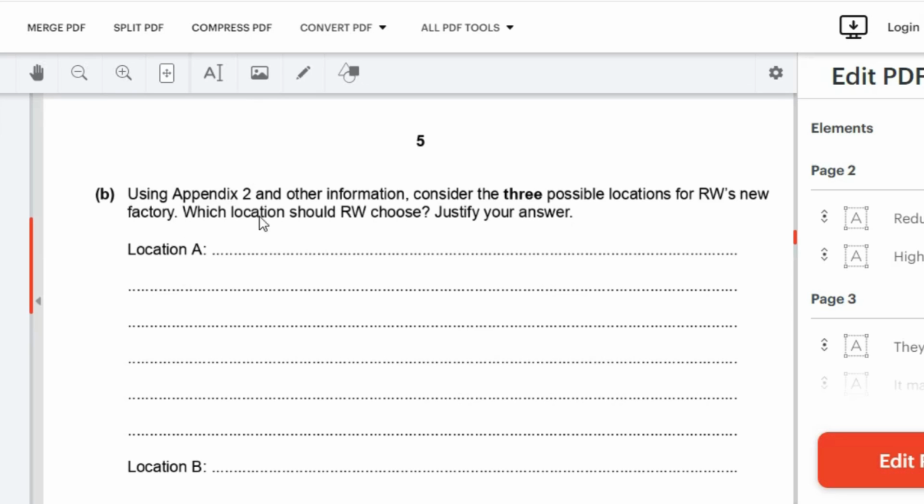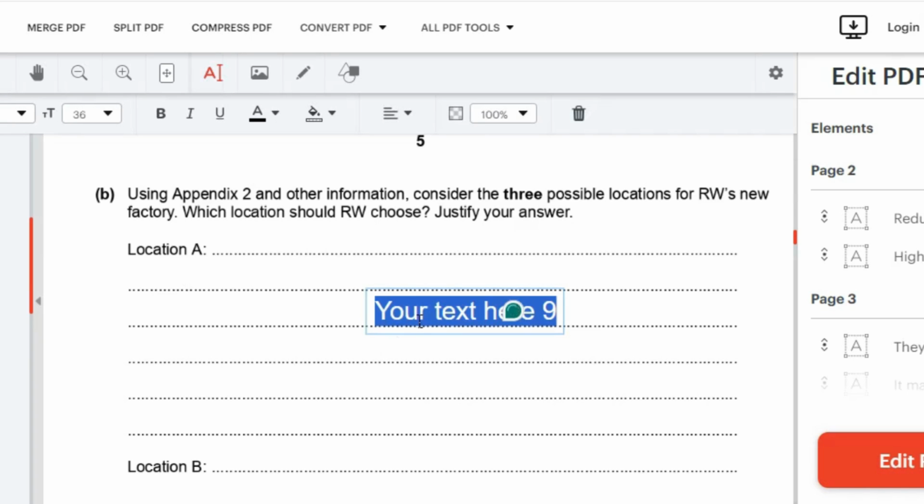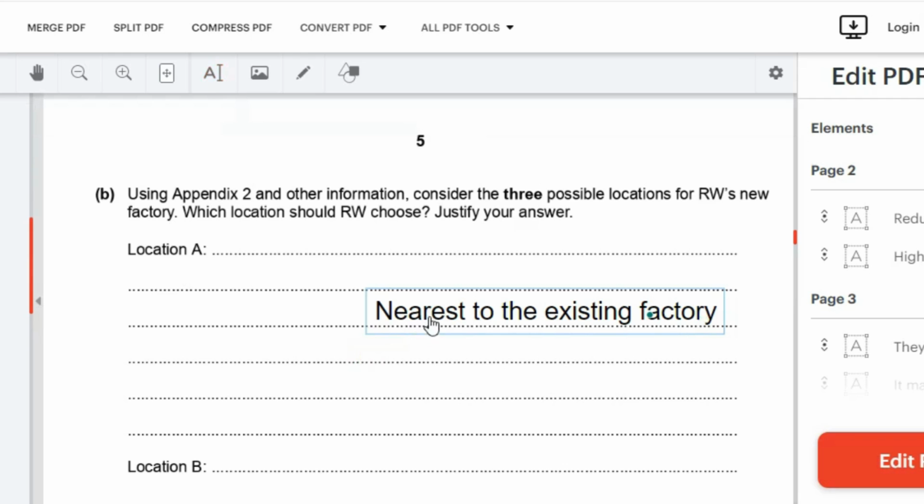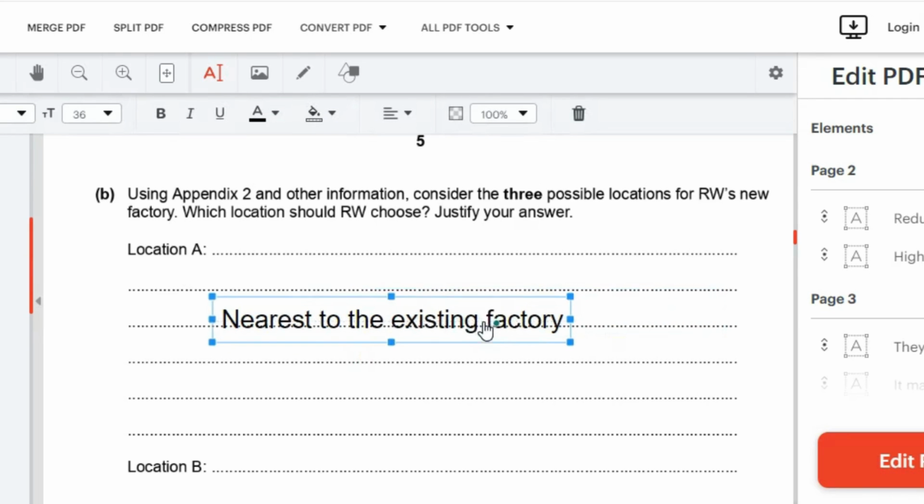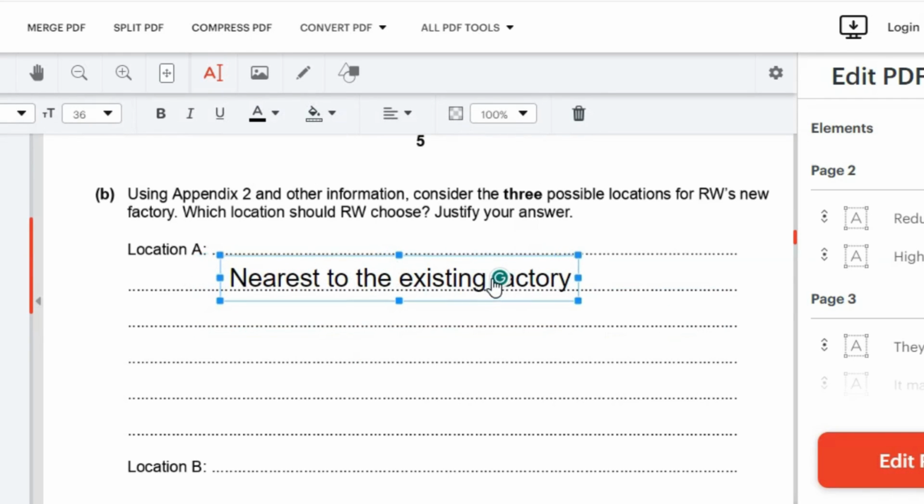Now for location A, I will have to choose the nearest to the existing factory. Why? Nearest to the existing factory. How is this location a possible location for RW?